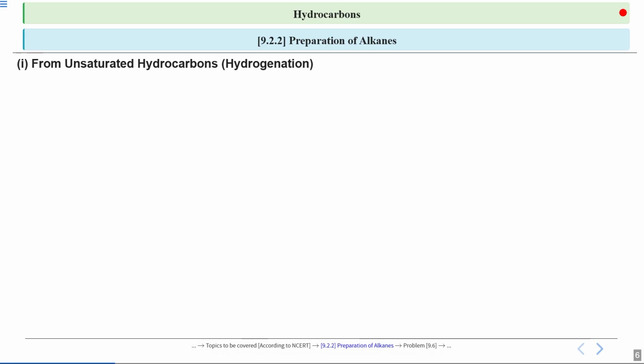Now, let us dive into the first method, hydrogenation of unsaturated hydrocarbons. This process involves a chemical reaction where alkenes or alkynes are converted into alkanes. It is a fundamental reaction in organic chemistry that helps us understand how we can manipulate hydrocarbon structure.